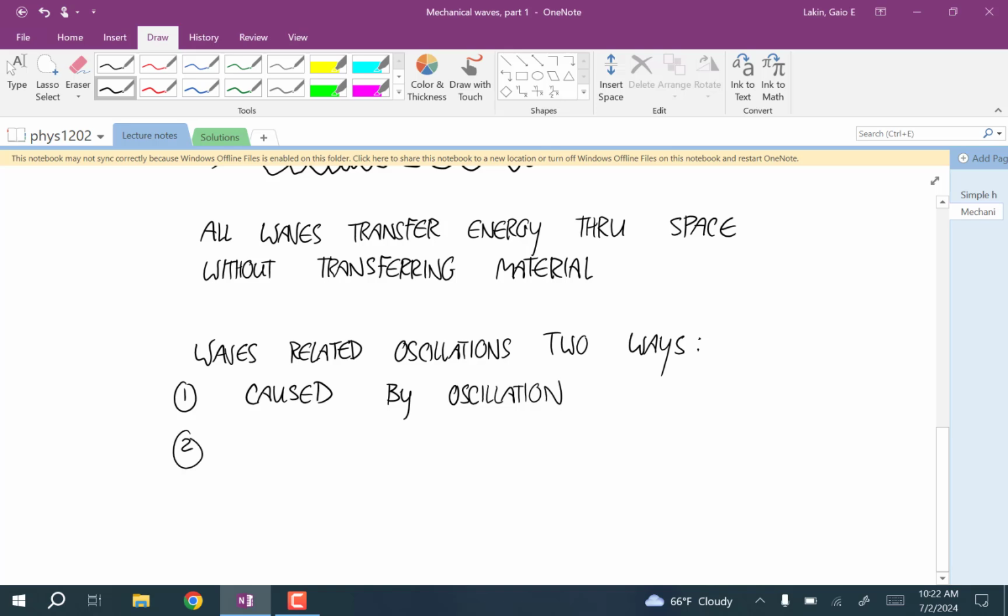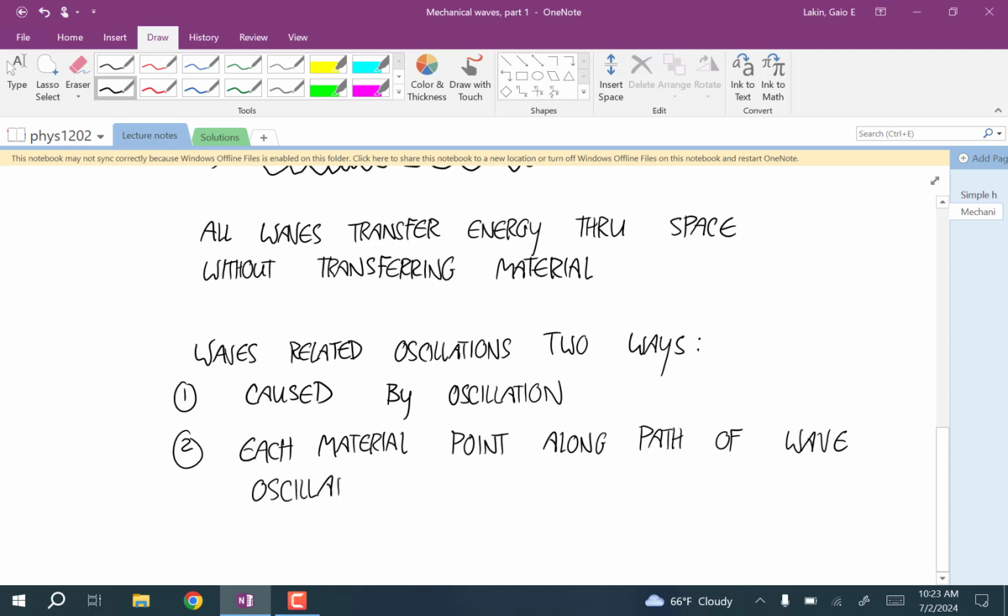And second, each point, I'm going to call it each material point along the path of the wave, oscillates. And so that's why you're going to see that a lot of the terminology that we're using for waves and a lot of the analysis we do looks very familiar from talking about oscillations of particles.